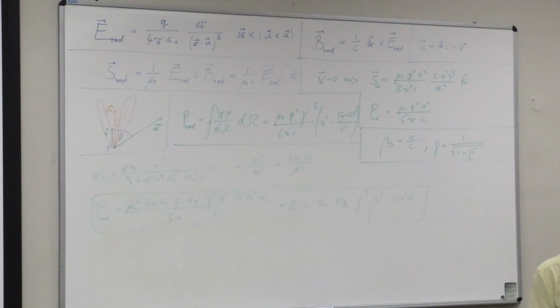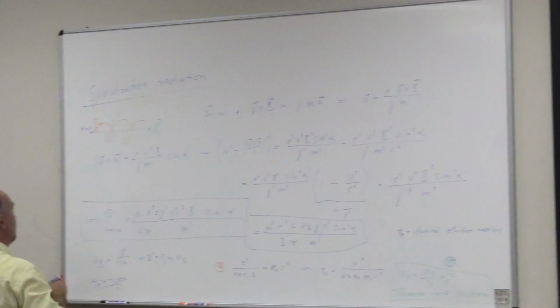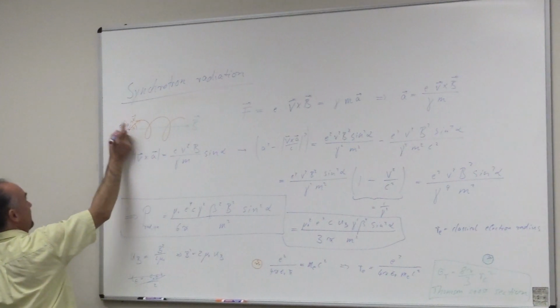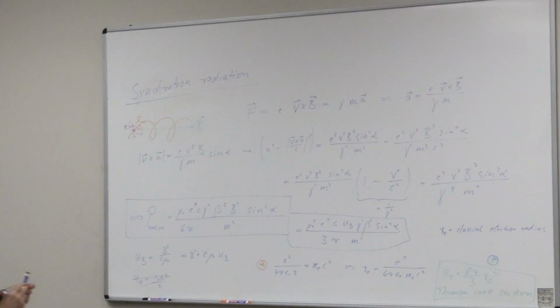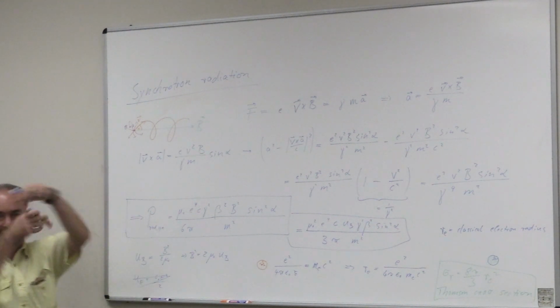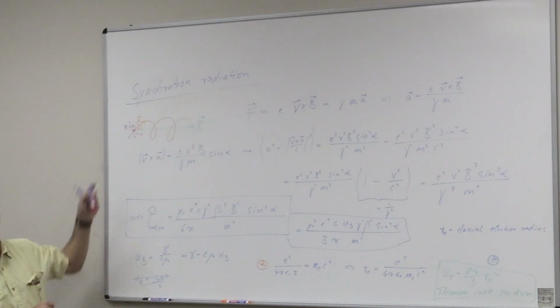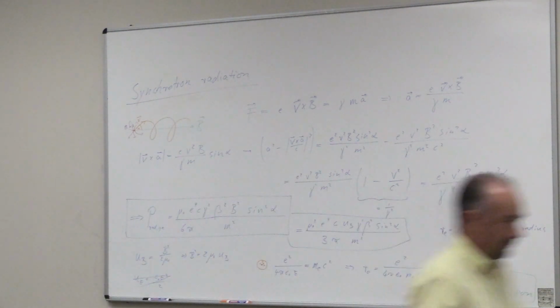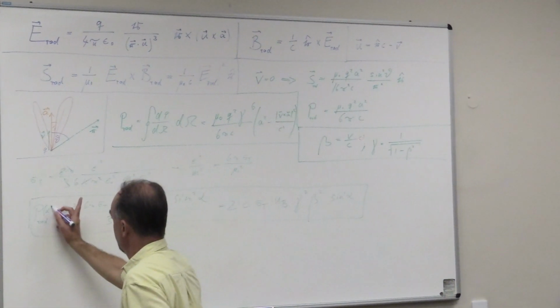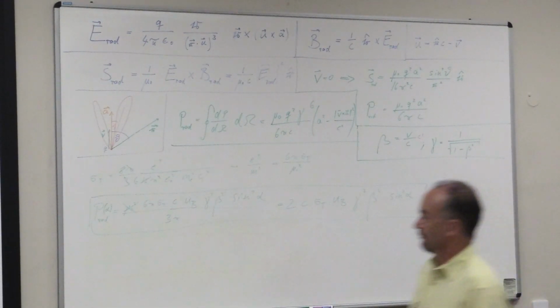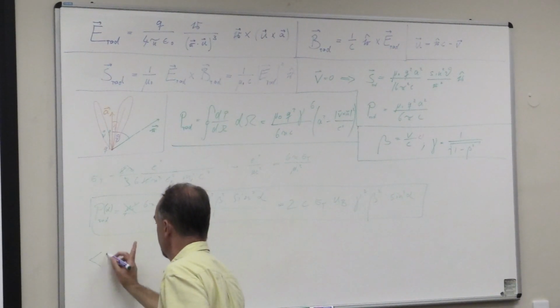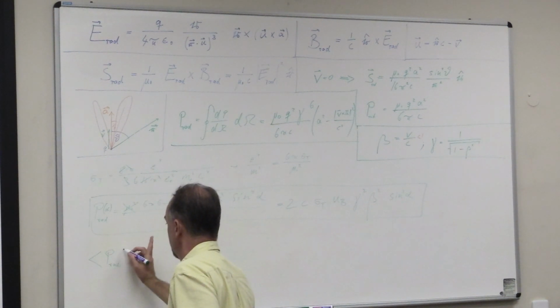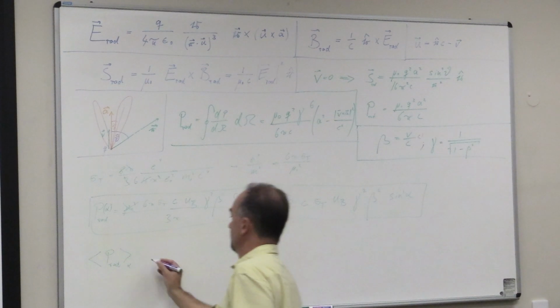But quite often, we don't really have electrons with just one angle. Typically, we have electrons going in all kinds of directions. What we're often much more interested in is what this is if we average this out over all kinds of directions in which we're moving with respect to the magnetic field. So what is it if instead of just for some certain pitch angle alpha, we integrate this over all alphas?